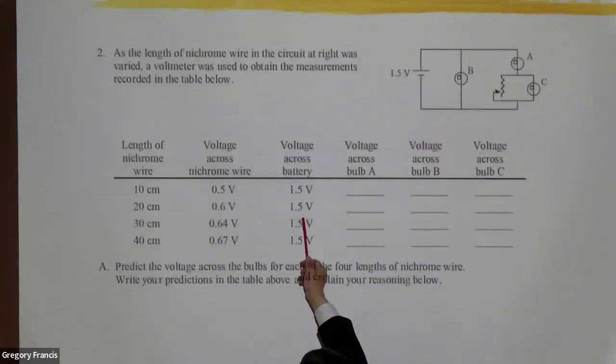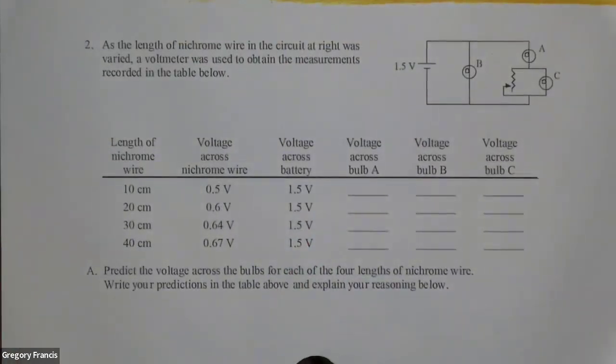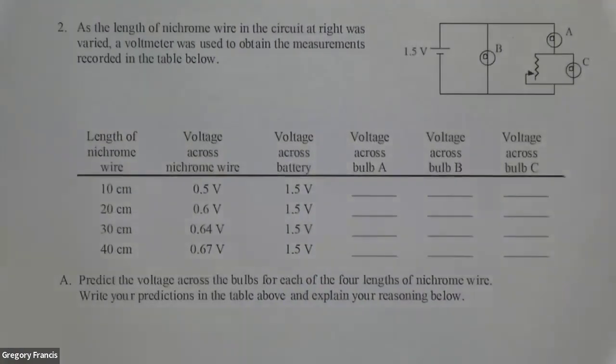The voltage across the battery, because it's an ideal battery, doesn't change. It stays 1.5. And so we're asked to predict in this table the voltage across bulb A and the voltage across bulb B and the voltage across bulb C for each of these lengths of nichrome wire.